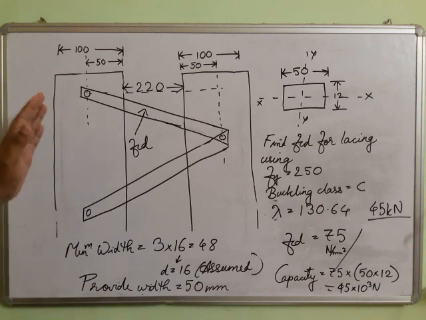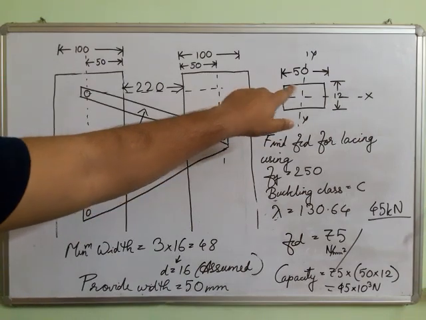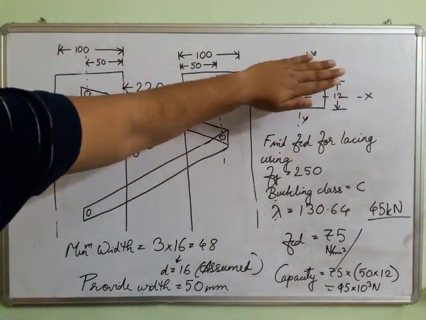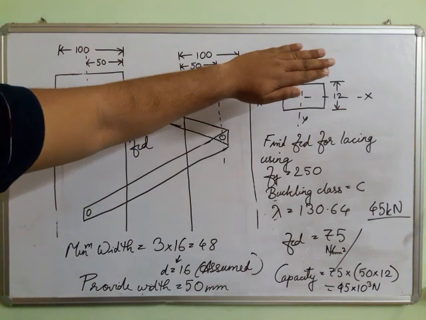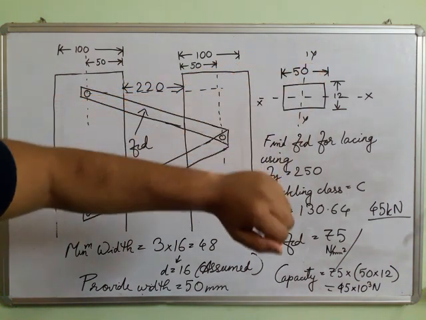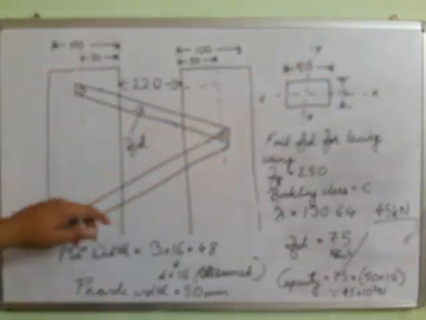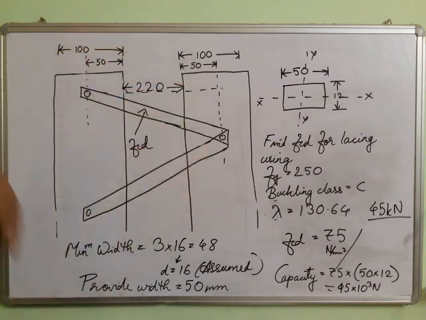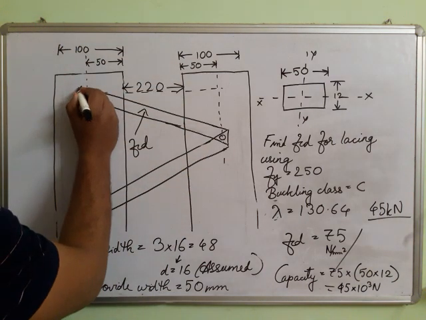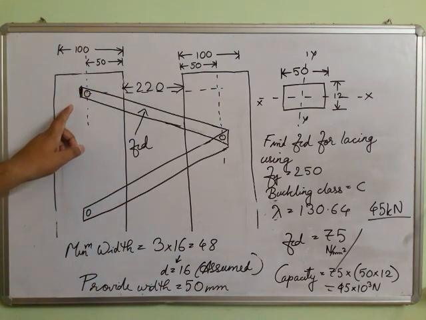See, compressive load it can take is 45, means what? If this is the cross section, if you give a compressive load like this, then in that case it can take a load of up to 45 kilonewton. If you visualize it in this column, this one is the cross section.